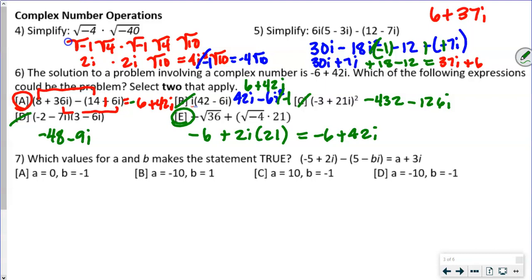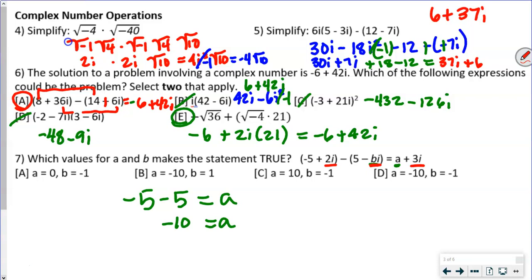Then it says, which values for a and b make this statement true? So what I'm going to do is, if you notice, our a has to do with the real part here, and our b has to do with an imaginary part. So I'm going to do all the real parts, minus 5 equals a. So that's going to be minus 10 equals a. Now I'm going to do all my imaginary parts. Okay, I got a 2i there, I got a bi there, and I got a 3i there, right?